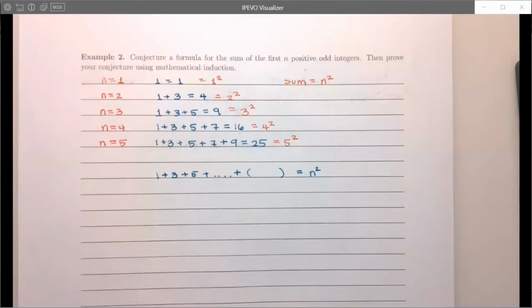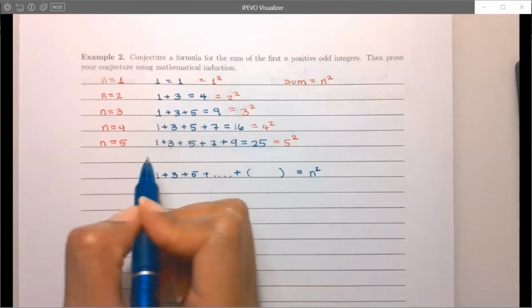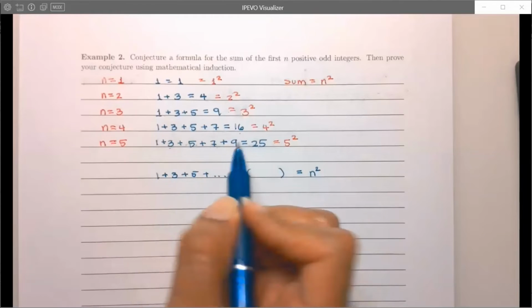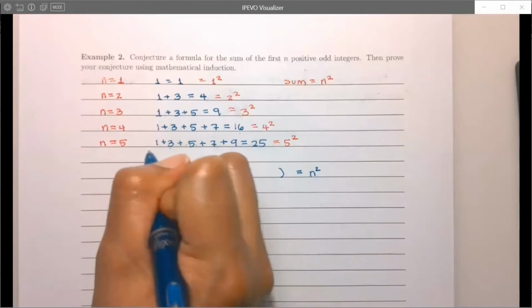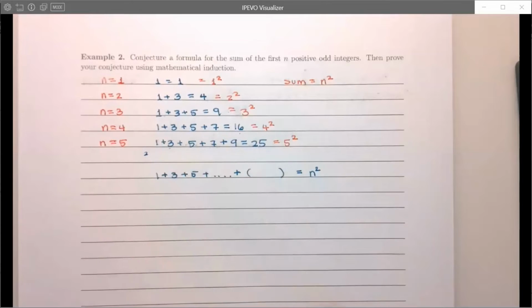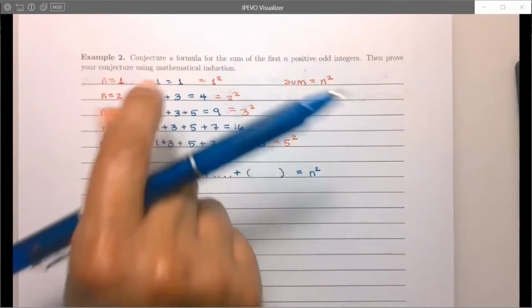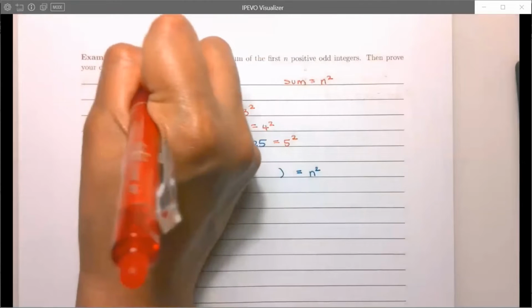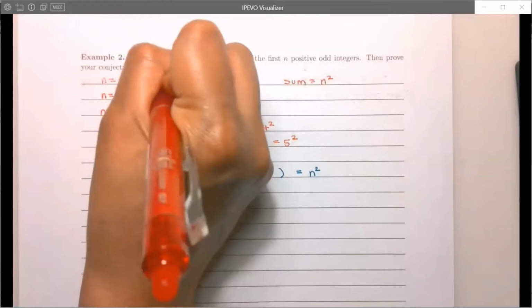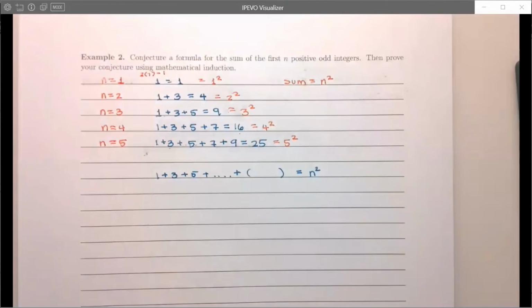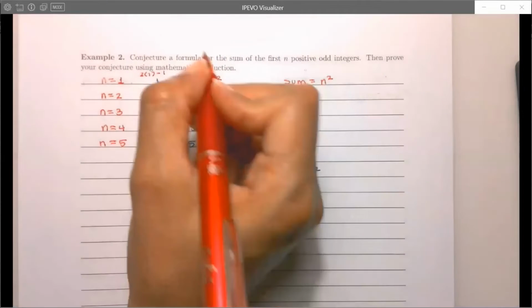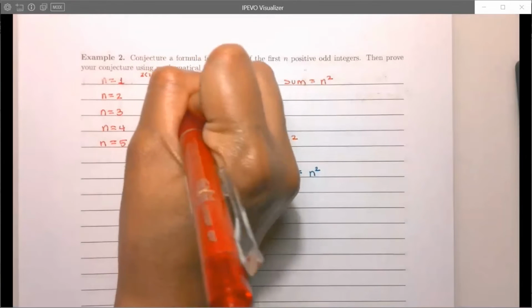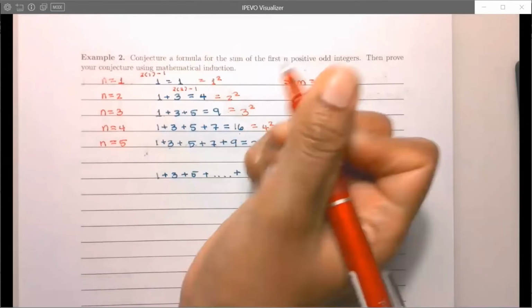And so to see what that general representation should be, we should try and think of these concrete examples. Let me work over here with this first equation. I could write this as a 2 times 1 minus a 1. This second odd integer, I could write as a 2 times 2 minus a 1.